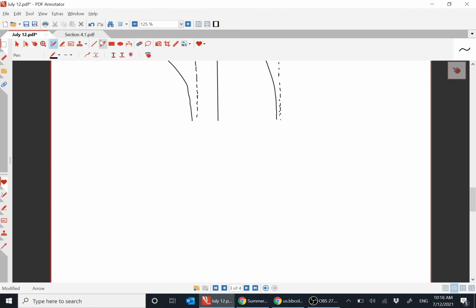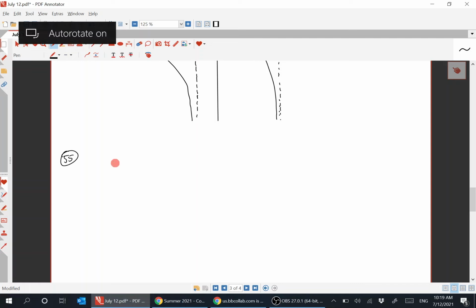Because that part's not much to do there. So number 55. We want to sketch the graph of the function (2x squared plus 2x minus 4) over (x squared plus x).